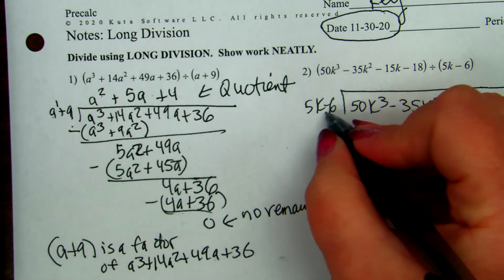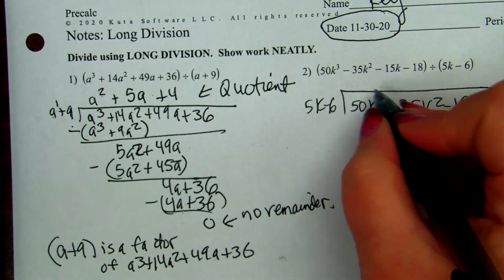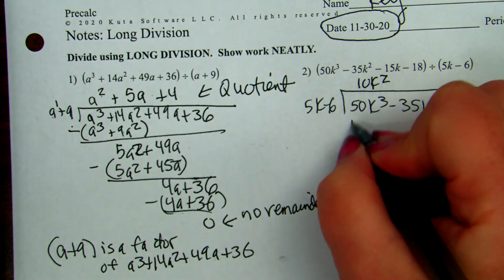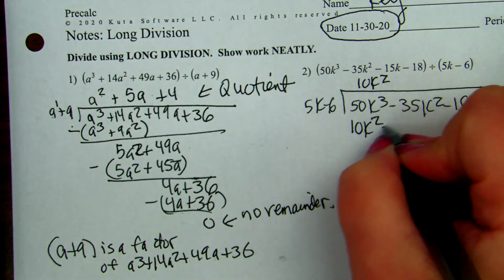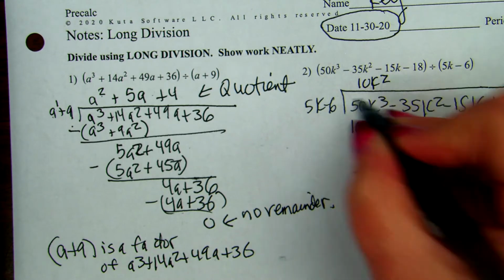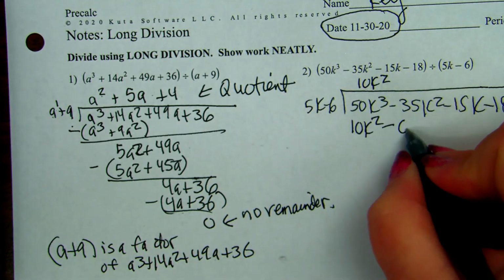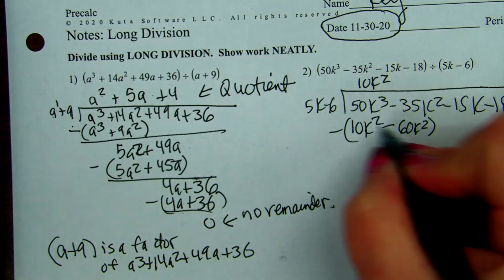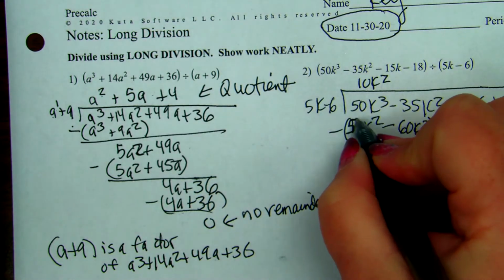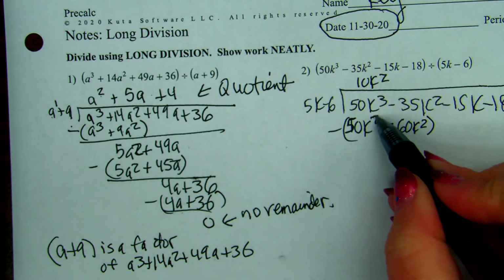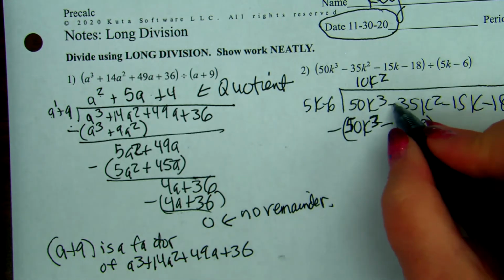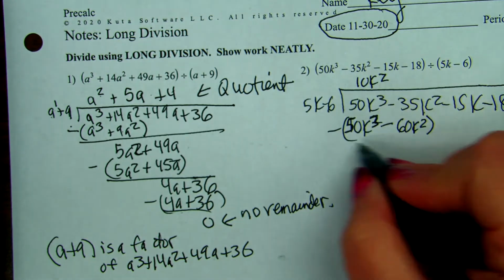So 5k goes into 50k cubed, 10k squared. 10k squared times 5k is 50k cubed, and 10 times negative 6 is negative 60k squared. We subtract, this is a 50k cubed. These cancel, that's a cubed.